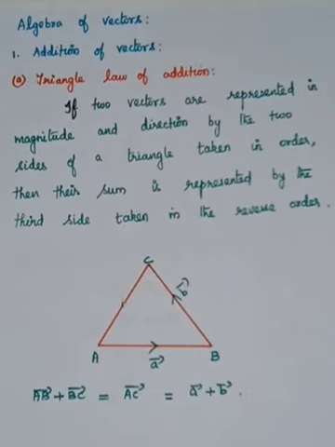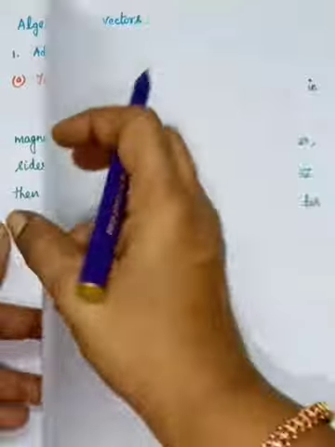Here in addition of vectors, first we are going to use the triangle law of addition of vectors. Two vectors are represented in magnitude and direction by the two sides of a triangle taken in order. You see now, first I'll take a triangle ABC.